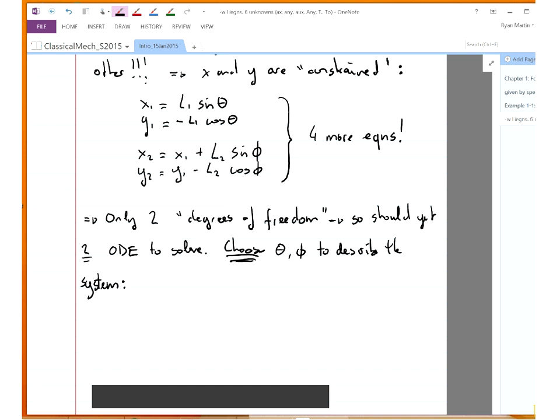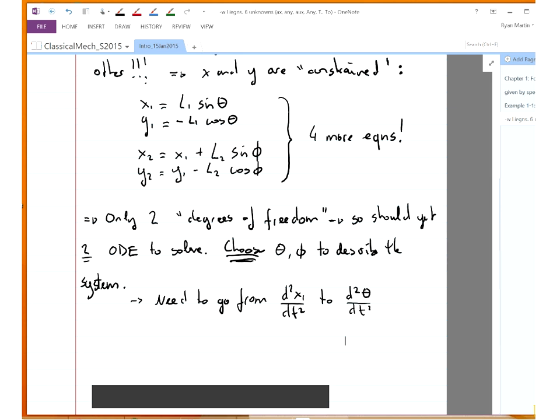So how do you do that? We need to convert, to go from d squared x1 by dt squared to, say, d squared theta by dt squared.